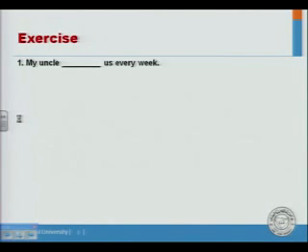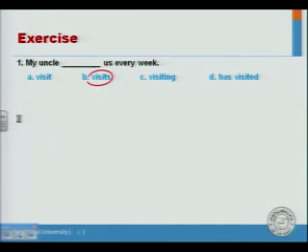My uncle visits every week. So when you see every, the verb must be simple present. This is what you should focus on: the subject, and if there is a time adverbial. Here my uncle is singular, like he. So we choose visits.